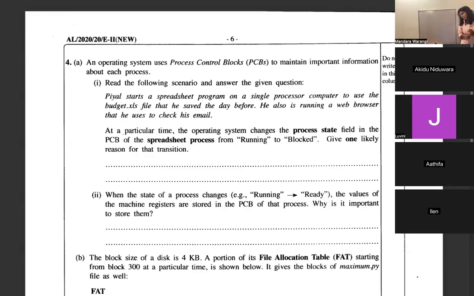Read the following scenario and answer the given question. Here, he started a spreadsheet program on a single processor computer and uses the budget.xlsx file that he saved the previous day.